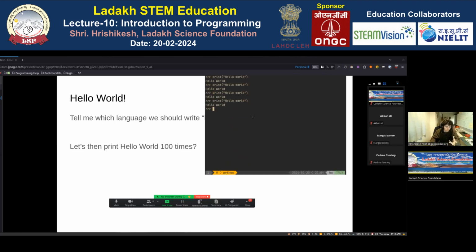So the semantics right here is we want to print hello world 100 times, and the syntax for that in Python, which will be different in a different language, would be a for loop. One more thing, it's perfectly fine to forget syntax. I've been programming for more than 15 years now, and I still forget syntax.